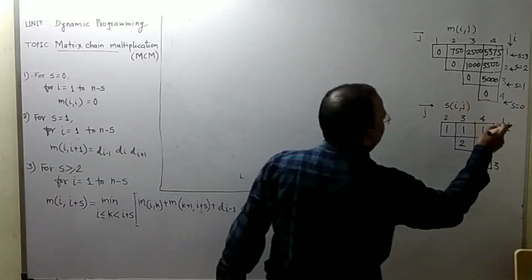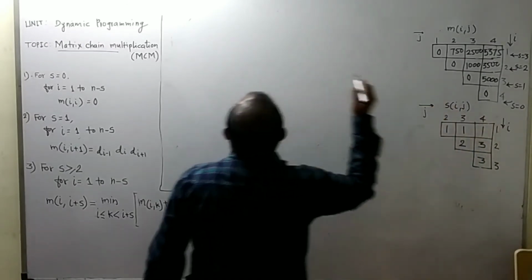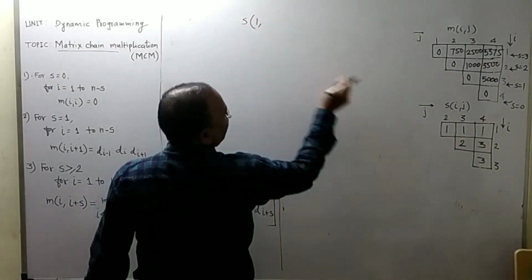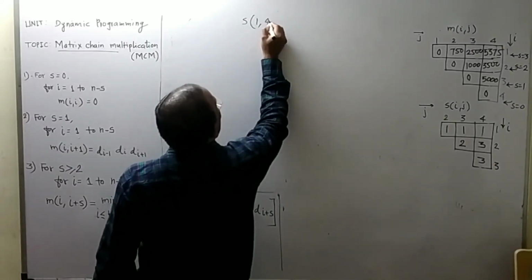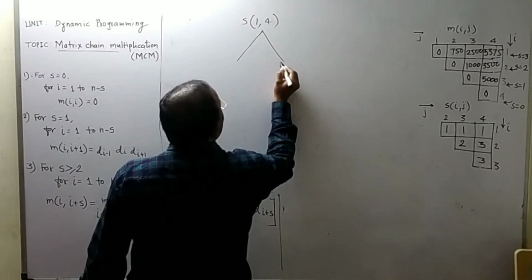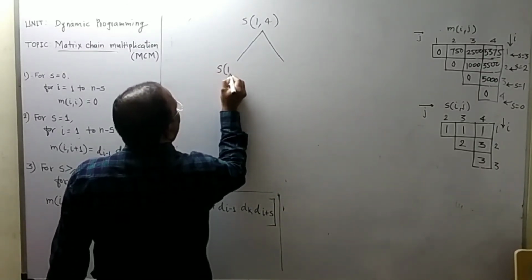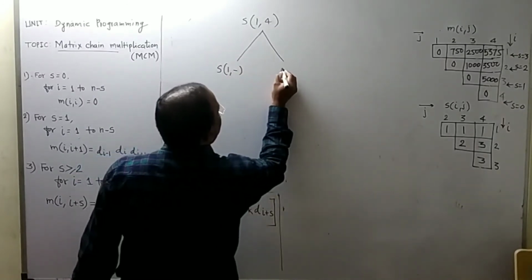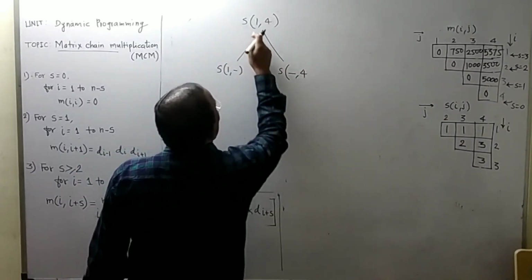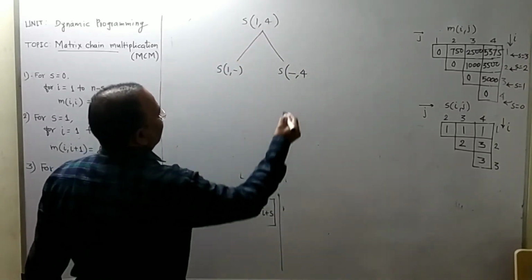Now start from 1 4 position, means 1n position. S of 1n means 1 4. Show two children, left child and the right child. S of 1 comma dash, then here S of dash comma 4. 1 will be here, 4 will be on the right side.